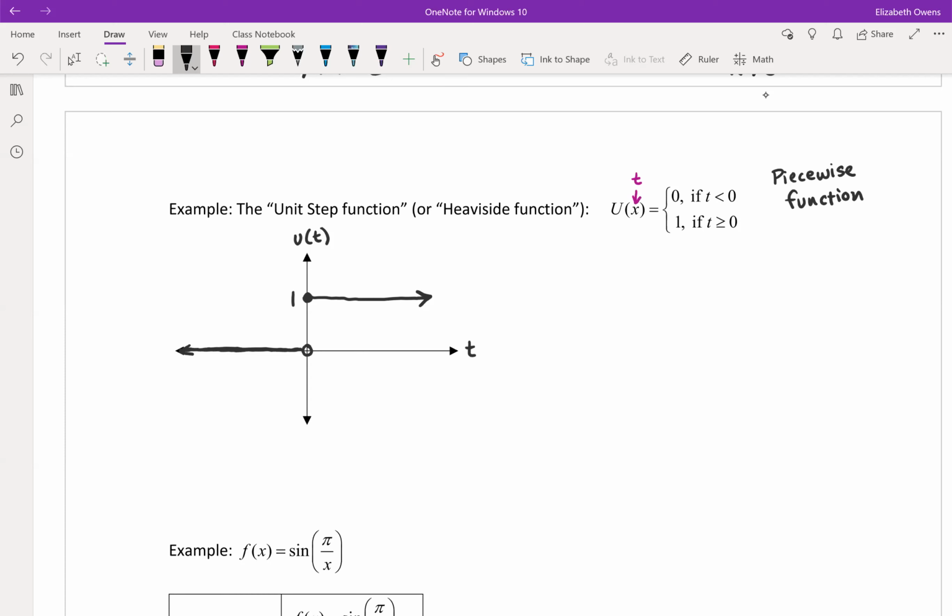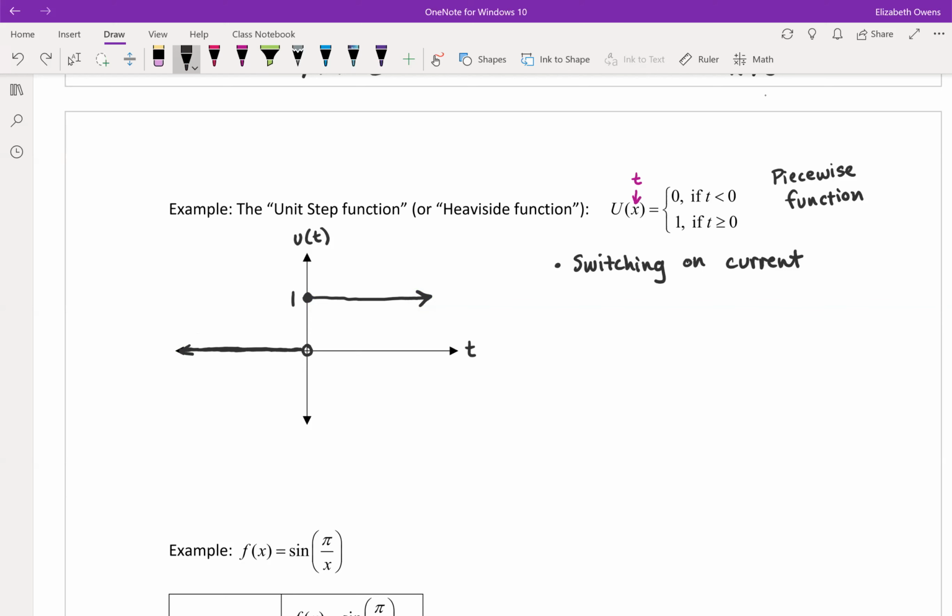So for instance, this can be used when you're switching on some sort of electrical circuit, or an electrical current of some sort. As time is progressing, there's nothing happening. And then you flip the switch and then a current is flowing. So nothing and then something.